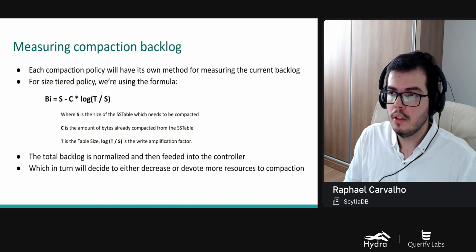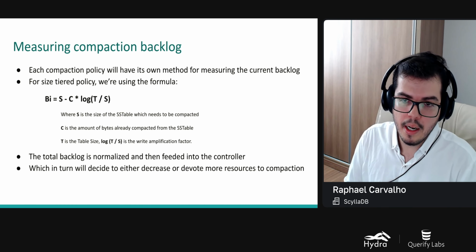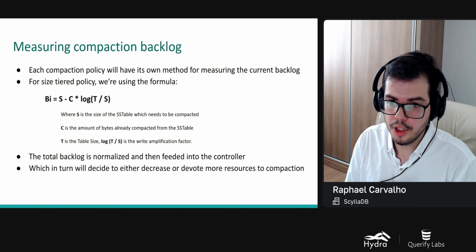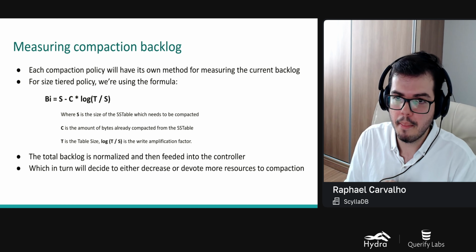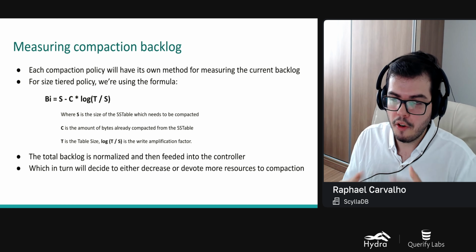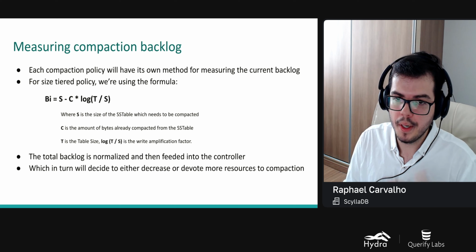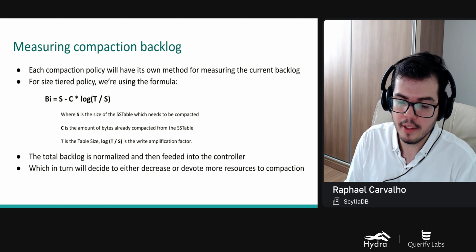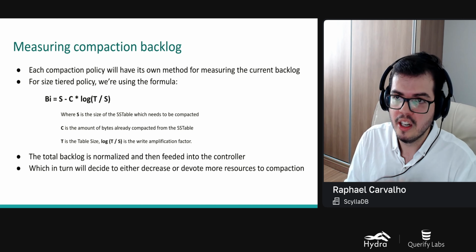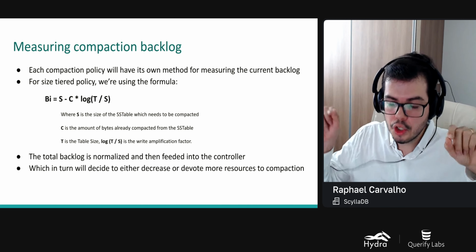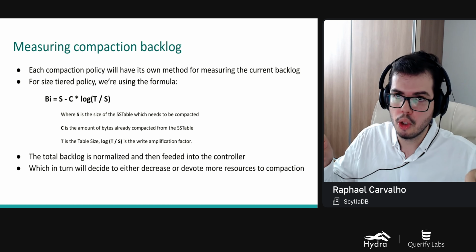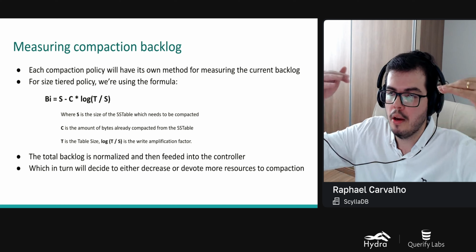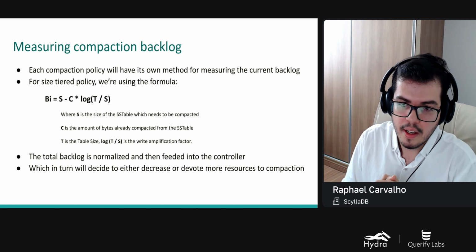So this is the method for measuring compaction backlog for the tiered policy. For a given SSTable file, we subtract the amount of bytes already compacted. We look at the files in the LSM-tree that need to be compacted, and we see how many tiers they have to travel through to reach the highest tier.